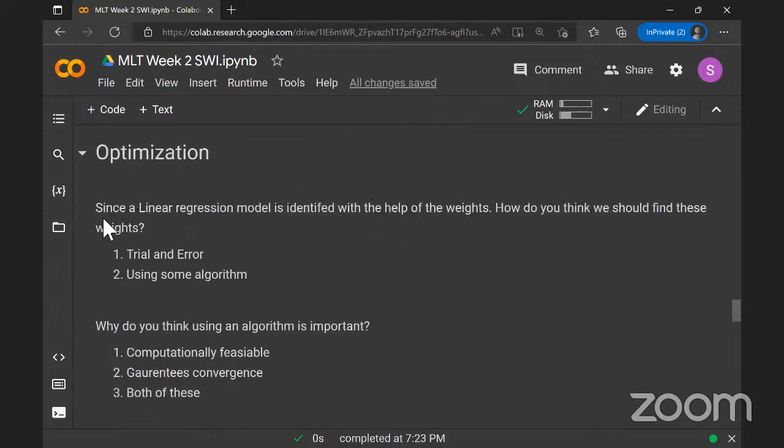The first question is, since the linear regression model is identified with the help of the weights, how do you think we should find these weights? Trial and error or using some algorithm? Anybody?